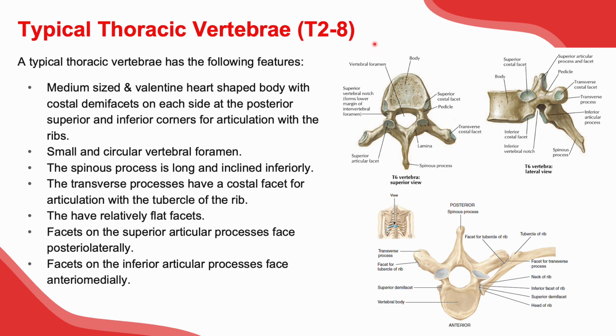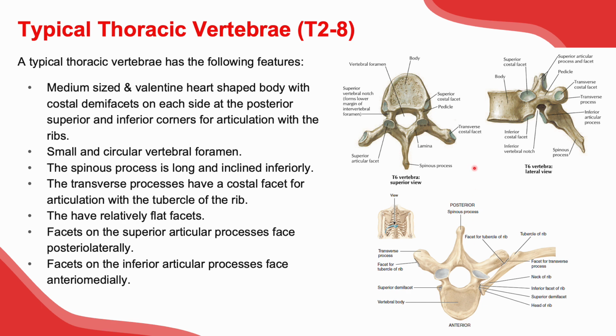This means that the atypical thoracic vertebrae are T1, T9, T10, T11, and T12. The typical thoracic vertebra is medium-sized and has a Valentine heart-shaped body. So the size of the vertebra is not that big, and the body is shaped somewhat like a heart, as you see right here.